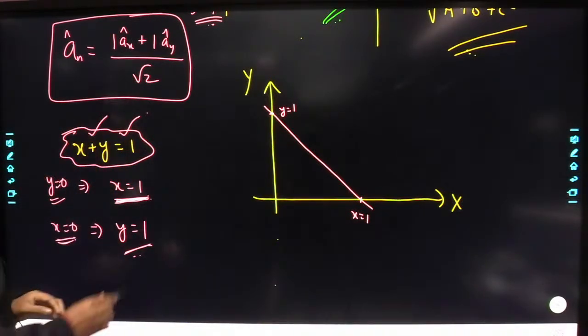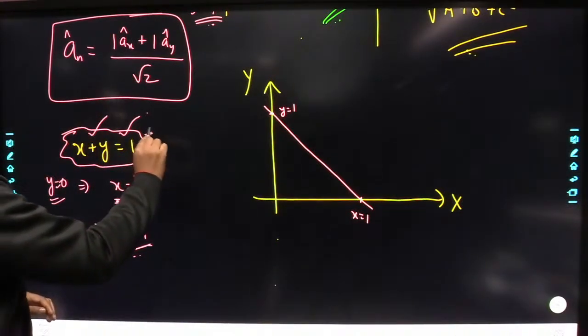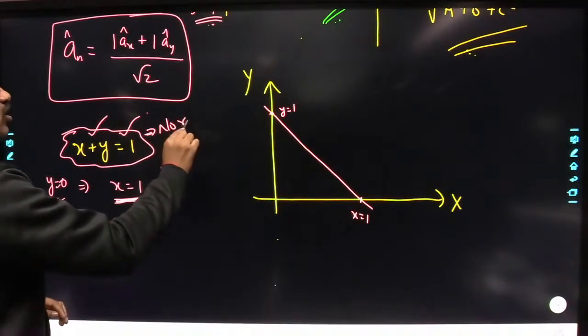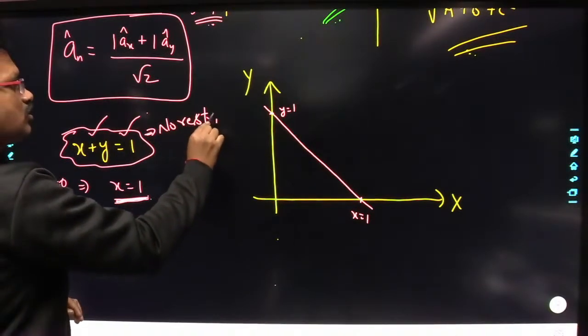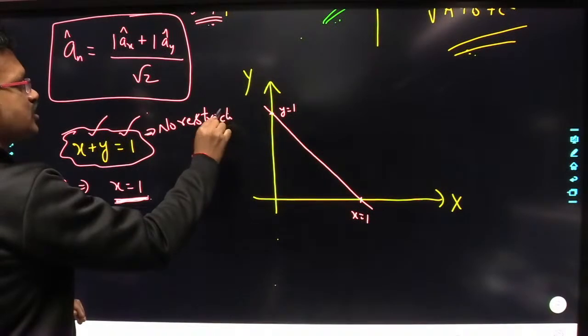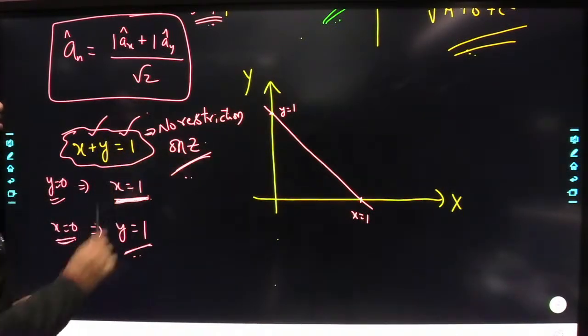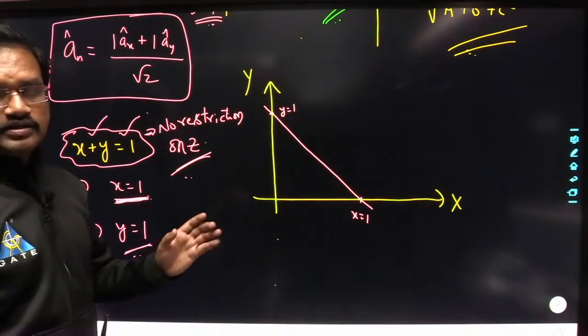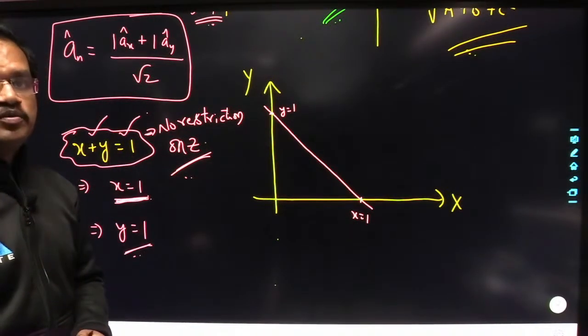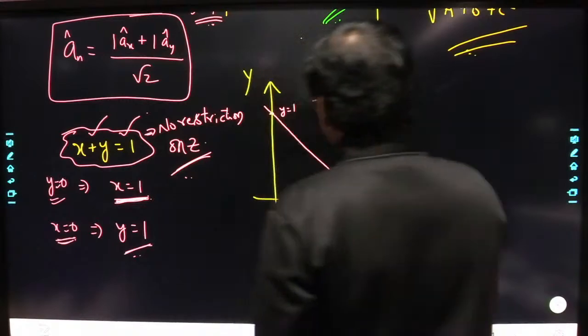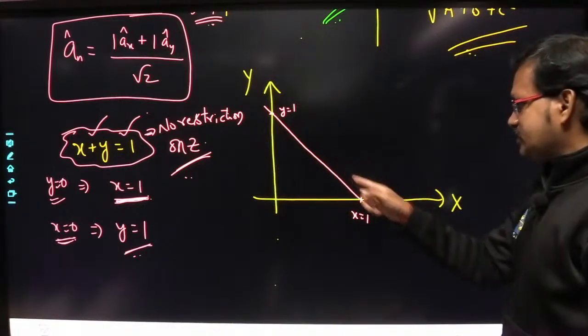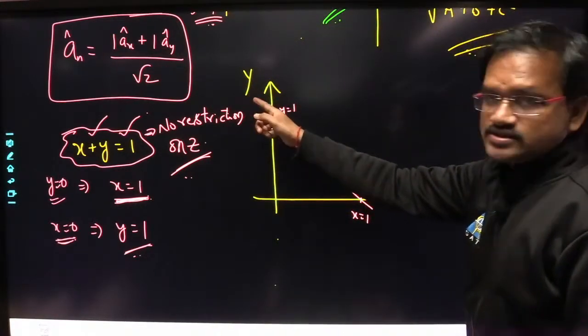Understood? Here there is no restriction on z, right? So z can vary from minus infinity to plus infinity. At x equal to 1 it is cutting and at y equal to 1 it is cutting, right?